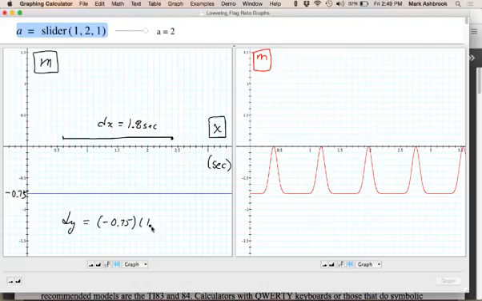All right, so now let's look at the more realistic situation. Same interval of time, so I want dx of 1.8 seconds. Okay, tell me what the change in y is.